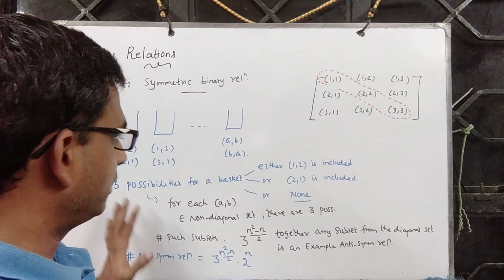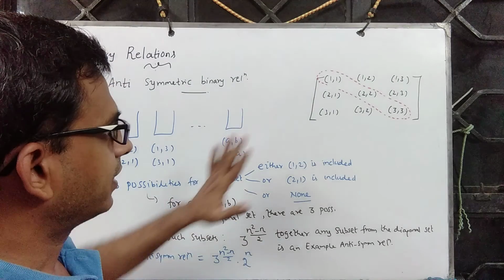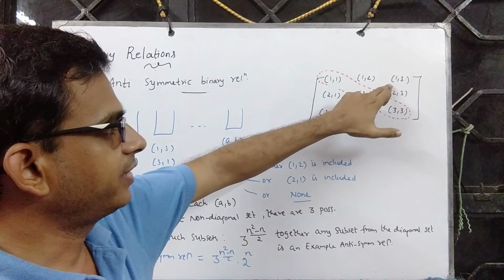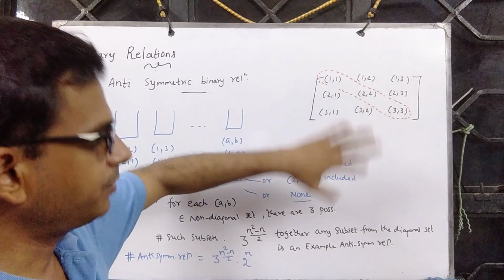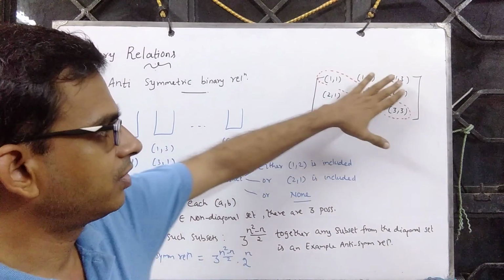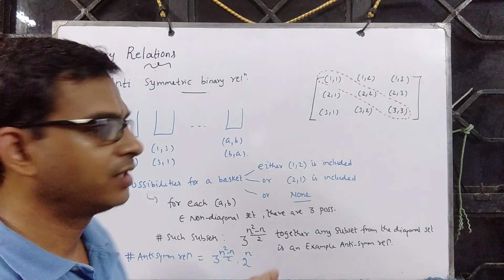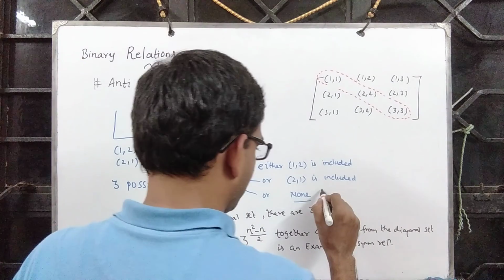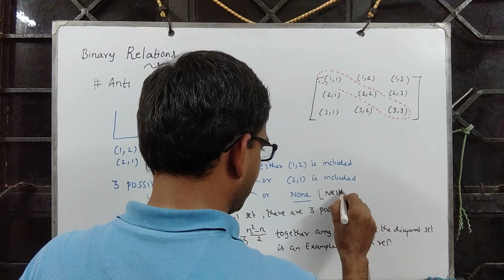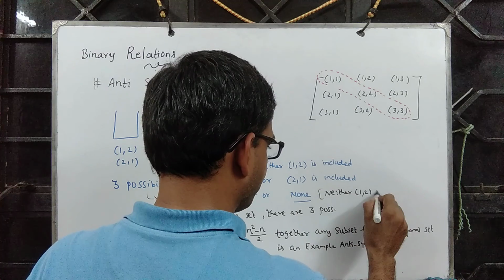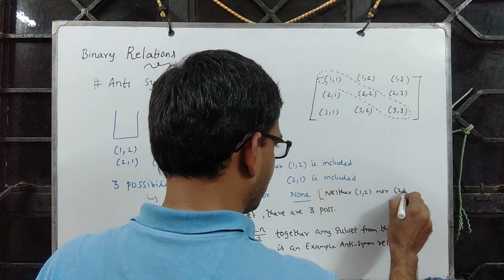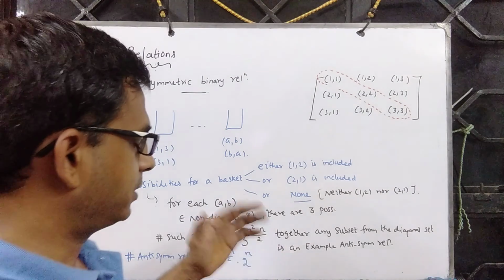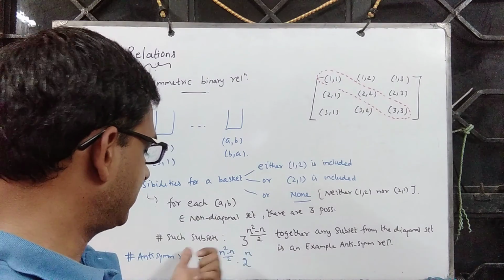And so that precisely tells you that if you take this, you don't take this, or if you take this, you don't take this, or there is a possibility that none are included, neither (3,1) nor (1,3). So when we say none, it is neither (1,2) nor (2,1). And how many such subsets are there?